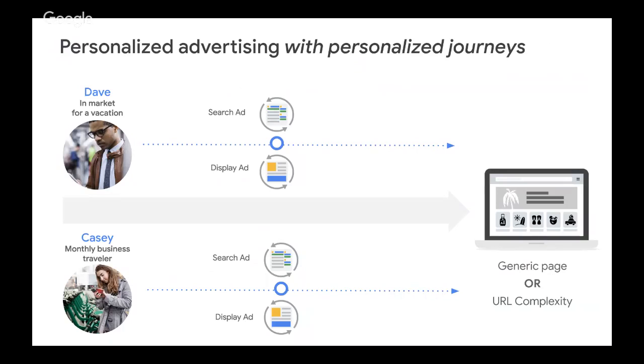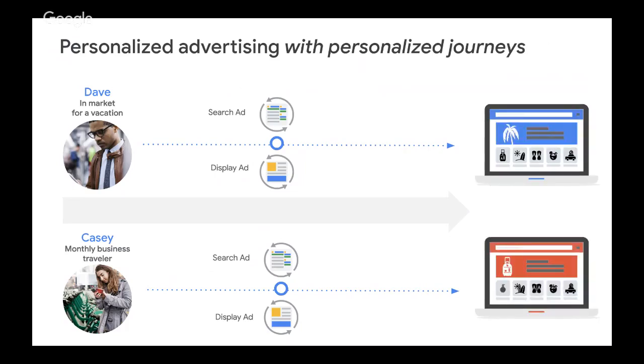So it lets you do things like this, right? So today, for the most part that we've seen, customers run a lot of ads, right? And the ads are beautifully targeted to the people that you want to reach. But most of the time, the landing pages for those ads are either a generic page or there's some URL complexity that you add in. And if you have the dev resources, then you build multiple campaign pages for specific ads and ad campaigns, right?